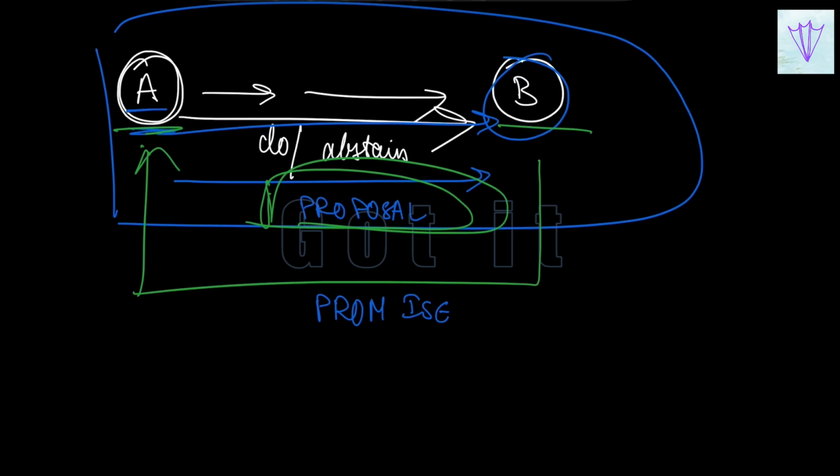So basically A has sent a proposal to B and B has accepted the proposal, and then it becomes a promise.